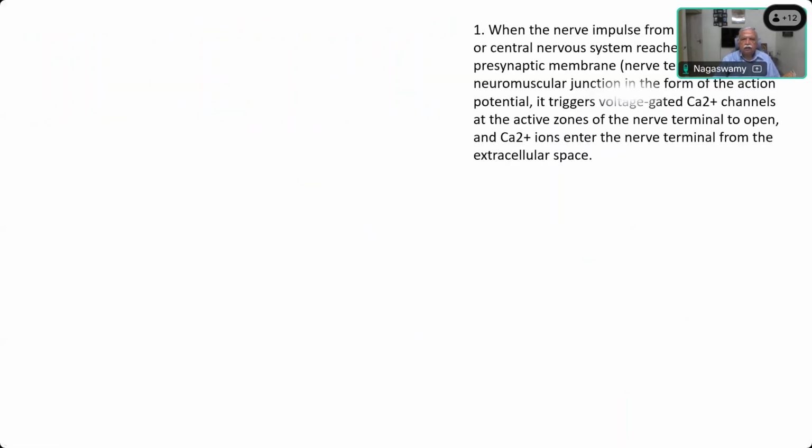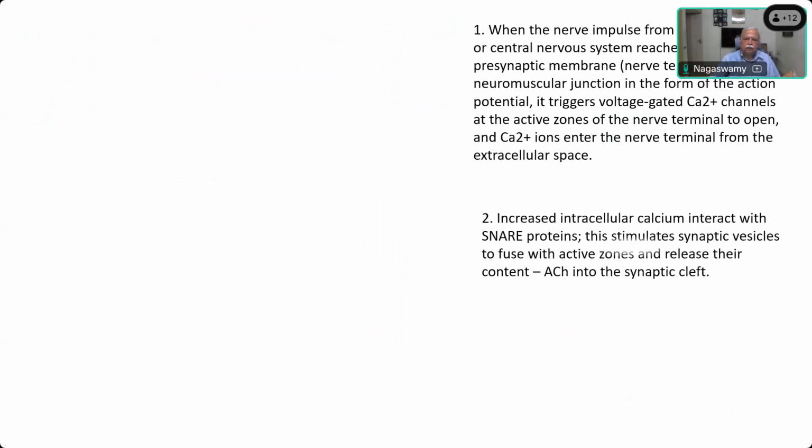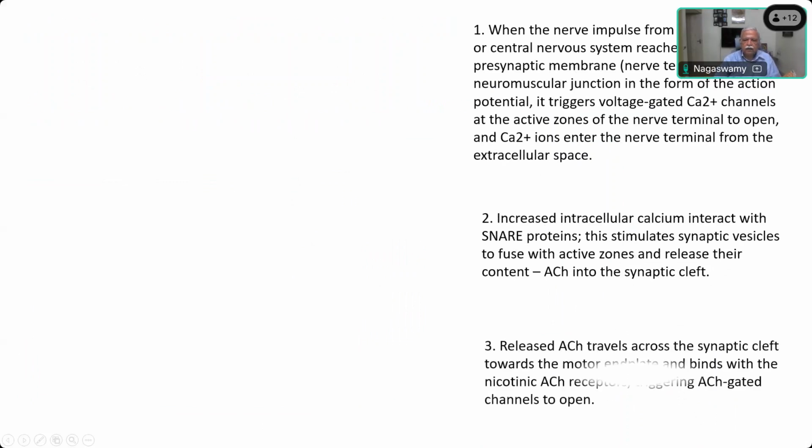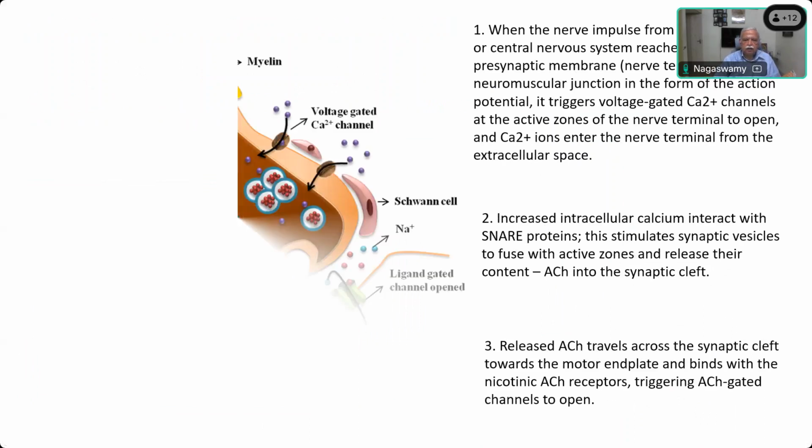And this is a written explanation of how the impulse comes and how the calcium enters, whatever I told you. The calcium interacts with the SNARE proteins, which stimulates the synaptic vesicle to fuse with the active zones and release their content. It travels through the cleft to reach the acetylcholine receptors.